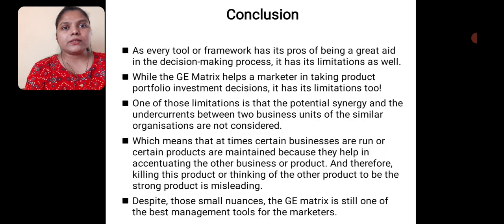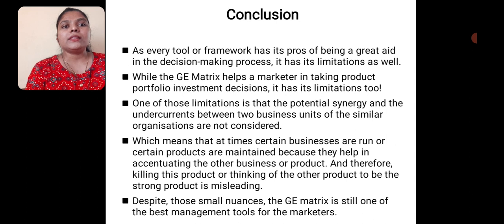Then let's move towards the last part of this presentation, that is the conclusion. As every tool or framework has its pros of being a great aid in the decision making process, it has its limitations as well. While the GE matrix helps a marketer in taking product portfolio investment decisions, one of its limitations is that the potential synergy and undercurrents between two business units of the same organization are not considered.